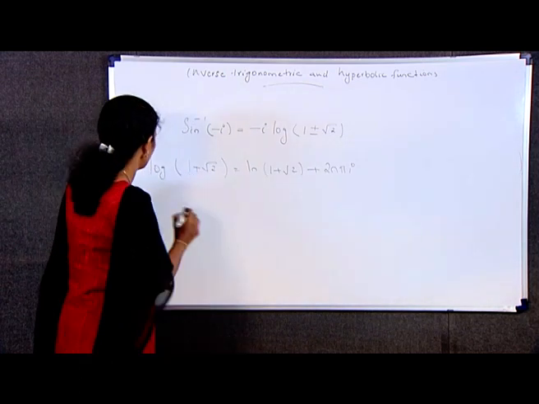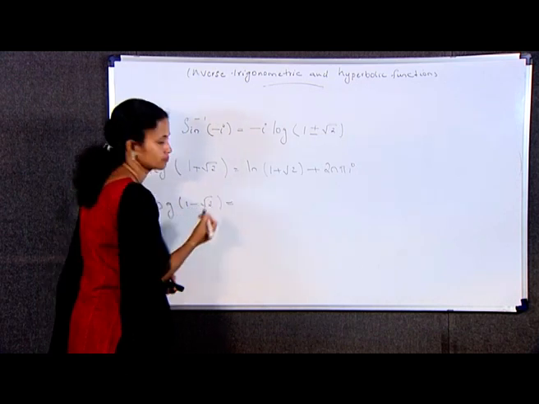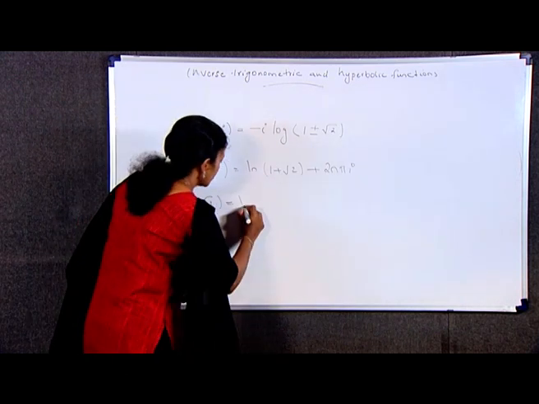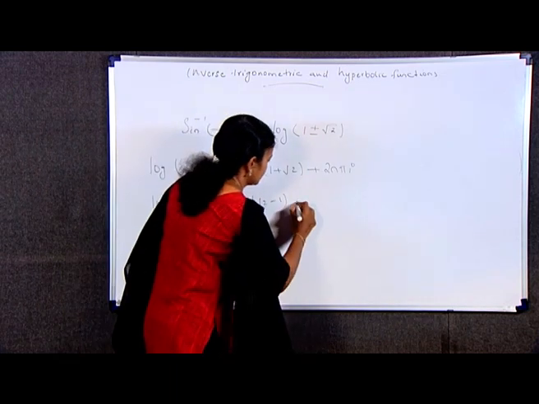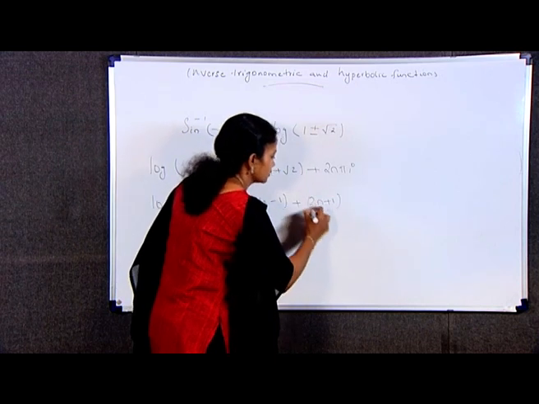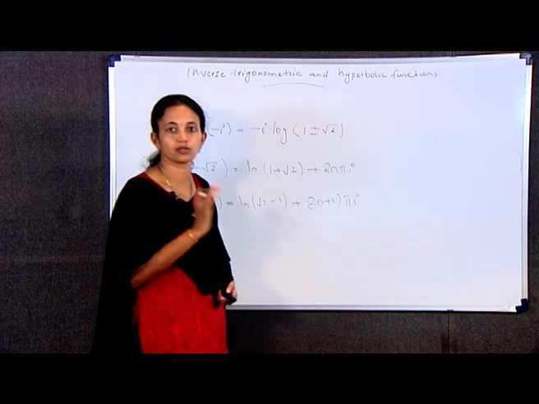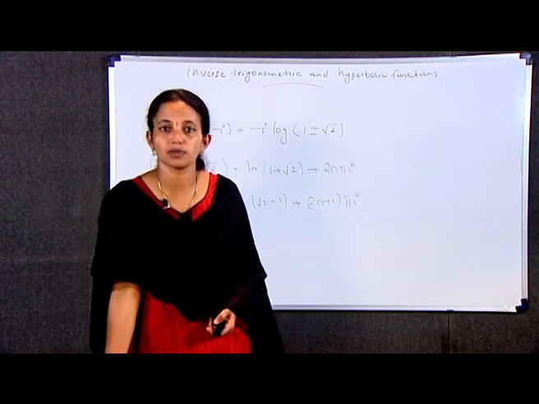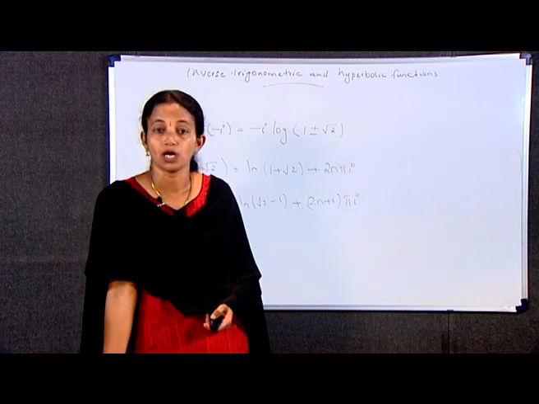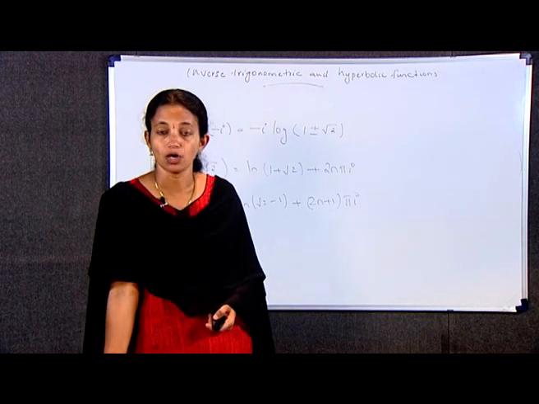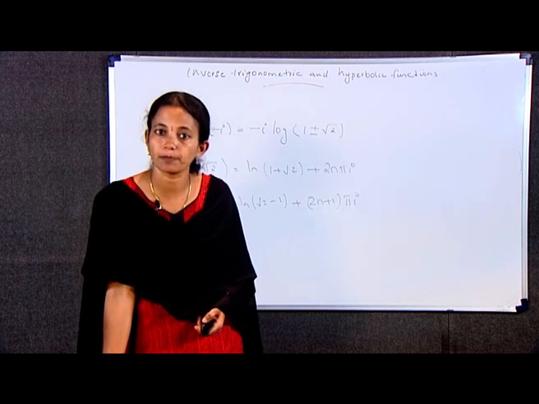And also log of 1 minus root 2 is equal to ln (root 2 minus 1) plus (2n plus 1) pi i. Here also n varies from 0, plus or minus 1, plus or minus 2, etc. Using the properties of natural logarithm, ln (root 2 minus 1) is equal to ln of 1 by (1 plus root 2), which is equal to minus ln (1 plus root 2).